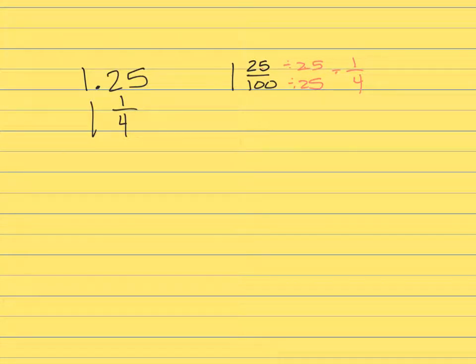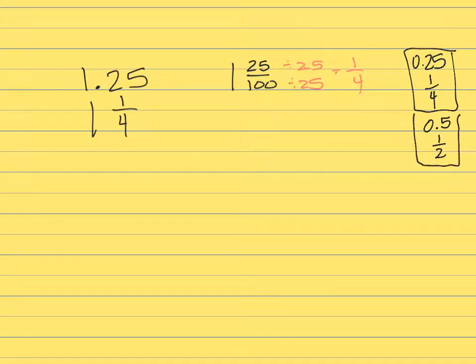So what you're going to want to commit to memory is that 25 cents is the same thing as 1/4. And as I said before, you're going to want to commit to memory that 0.5 or 0.50, same thing, is the same as 1/2. And then there's one more that I'll be presenting to you. You might be able to guess already because it's tying in with our money system anyway.